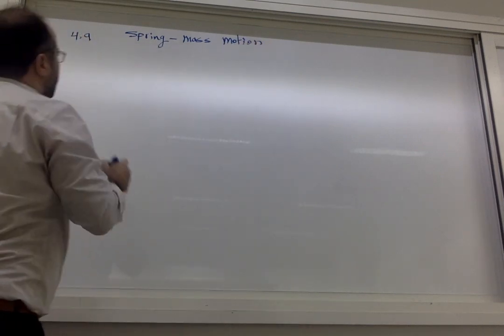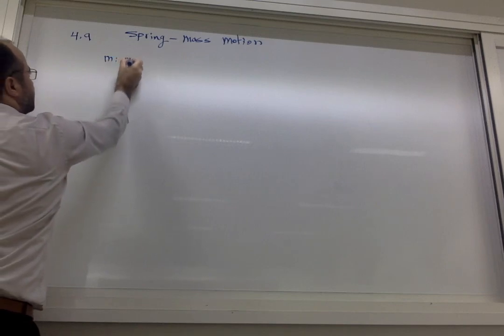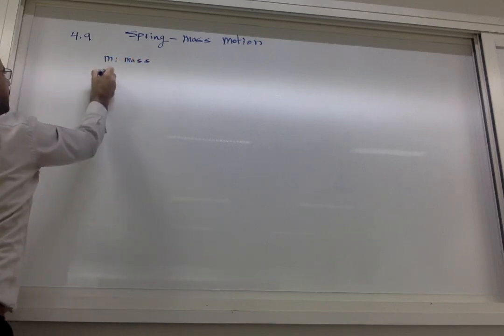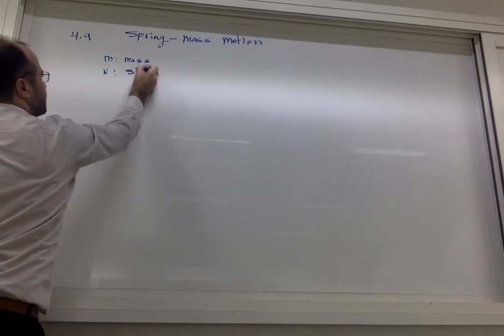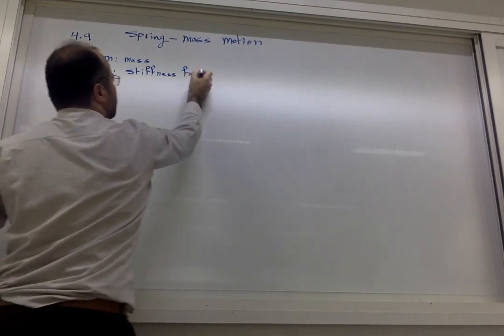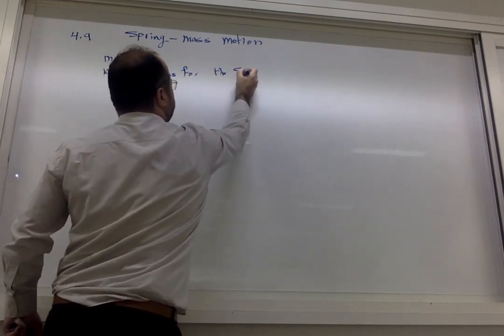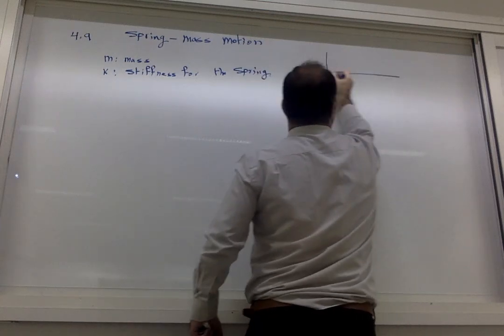And we said last time that if you go with M to be the mass and K to be the stiffness for the spring, let me just remind you what is going on here.